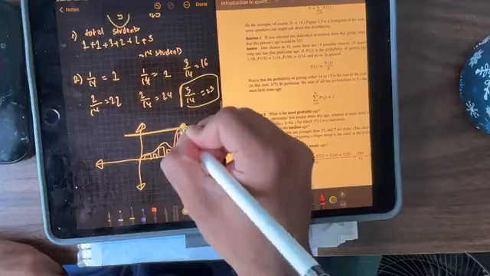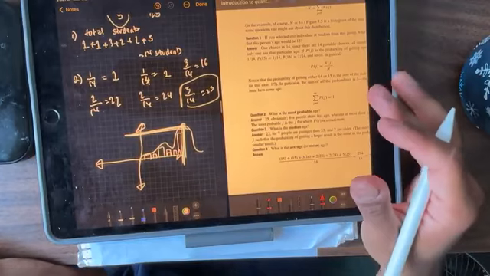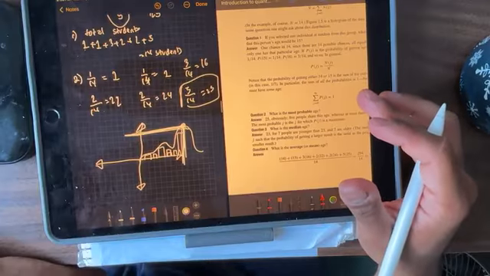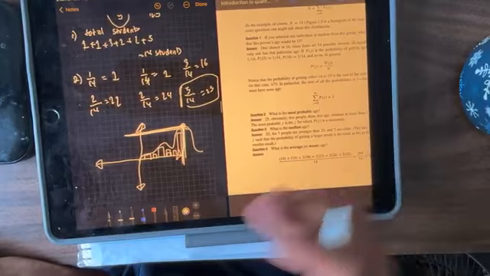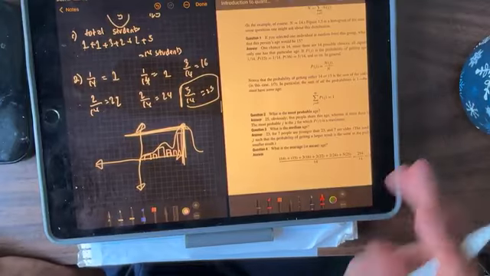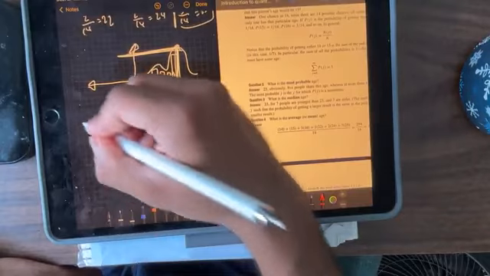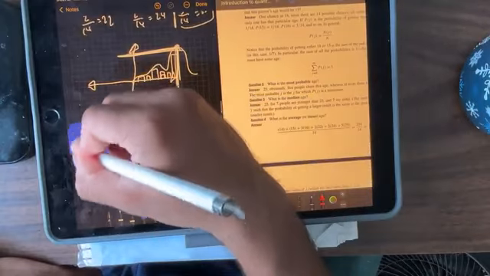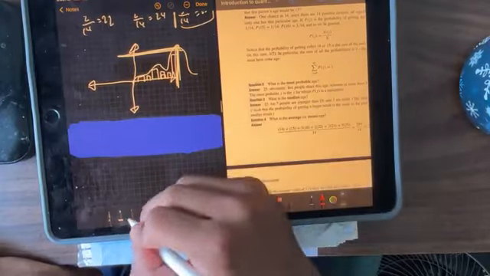The highest probable value is age 25. So we got the most probable age, we got the probabilities, and the total probability is equivalent to 1. That's the discrete part. How do we calculate the average?